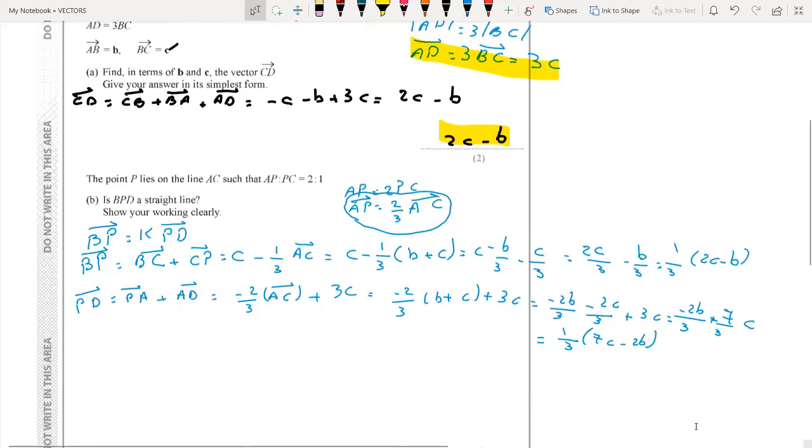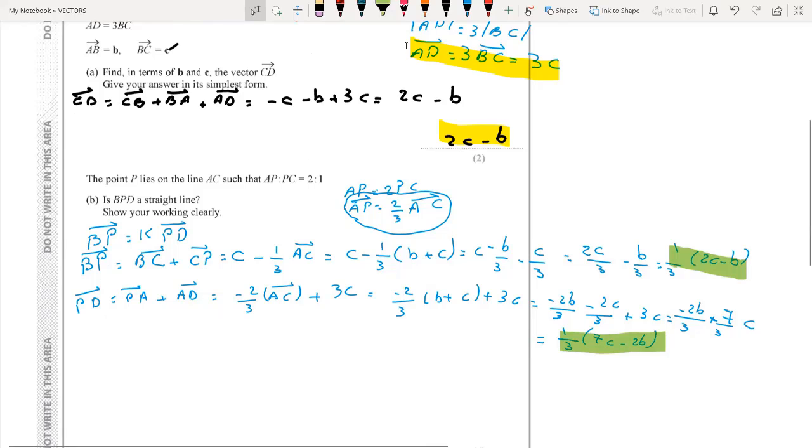Now, it is clear if we compare 1 over 3 of 2C minus B with 1 over 3 of 7C minus 2B, they are not equal.